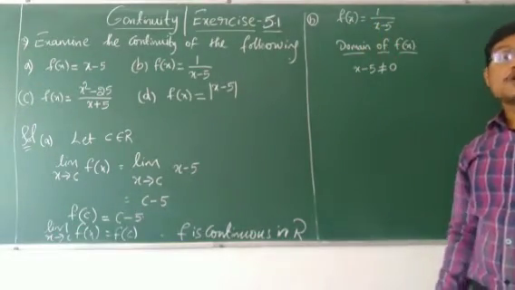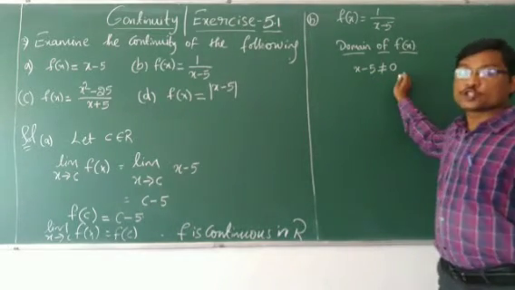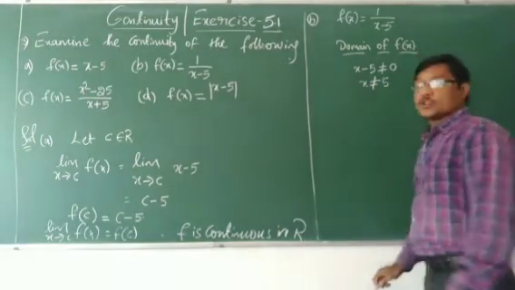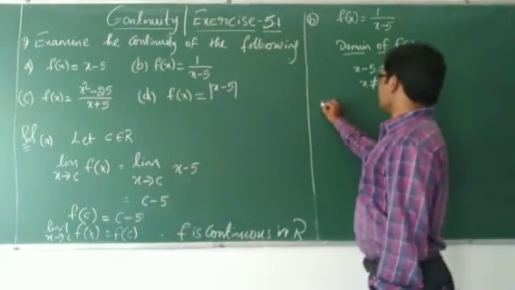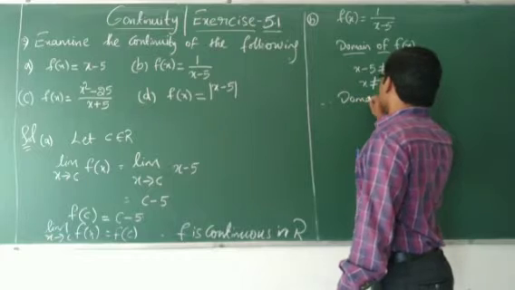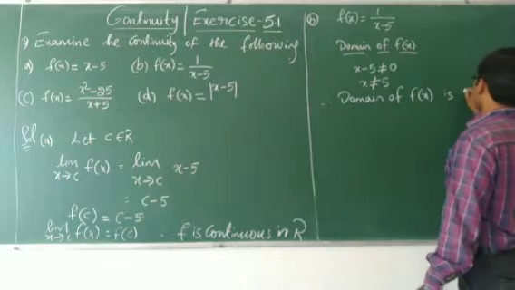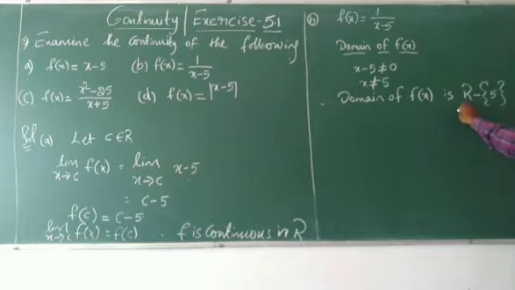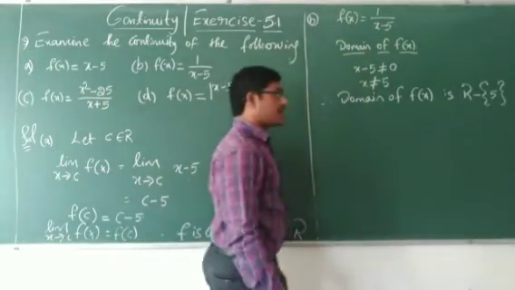Here, the denominator is x minus 5, it should not be equal to 0. That means x is not equal to 5. So the domain of f of x is R minus {5}. You can take all real numbers except 5. That is the domain of the function 1 by x minus 5.